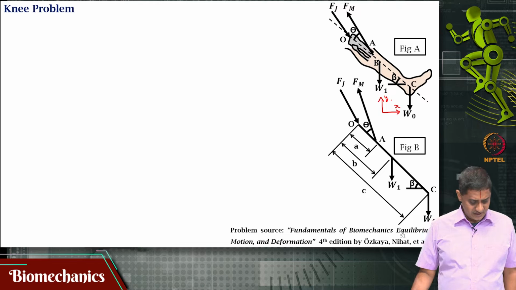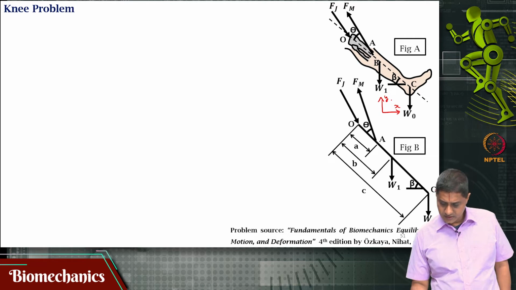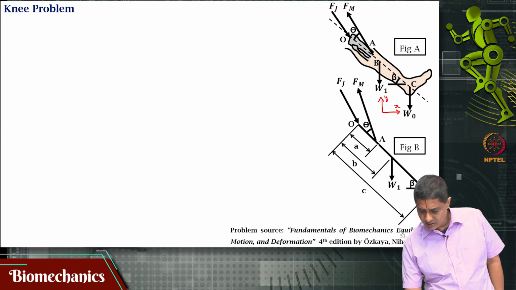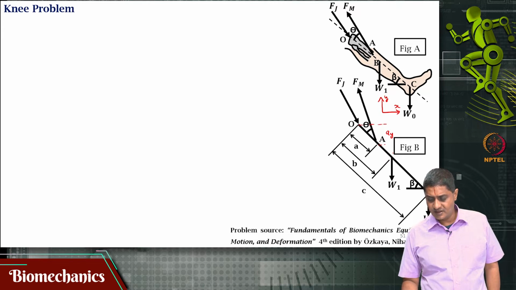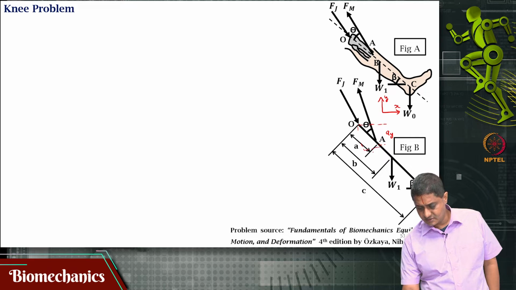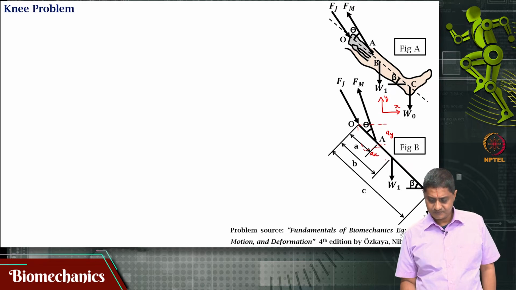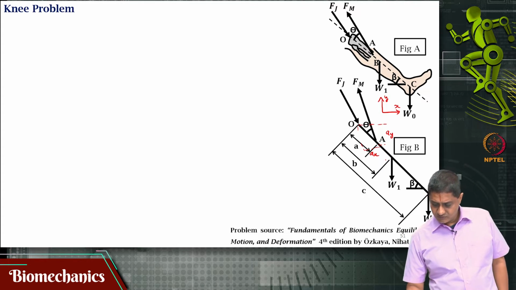I am going to use that xy axis. The vertical distance along the y direction between the origin O and the point A is small ay. The horizontal distance is small ax.